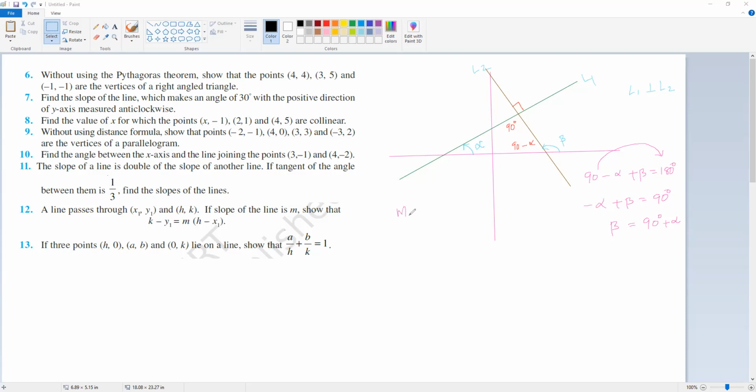So slope of the first line, say m1, is equal to tan alpha.